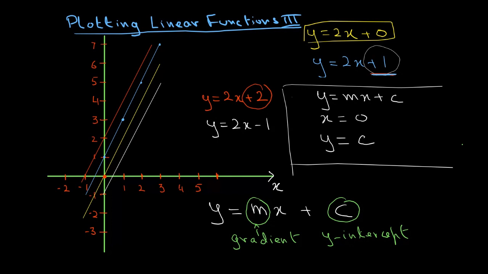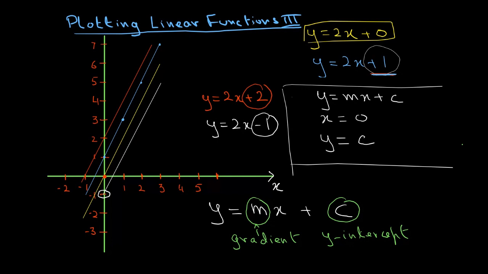And when you have the white line where c is equal to minus 1, when you set x equal to 0, you get the value minus 1, which is the point 0, minus 1 right over here. So the y-intercept is exactly where the straight line intersects the y-axis.